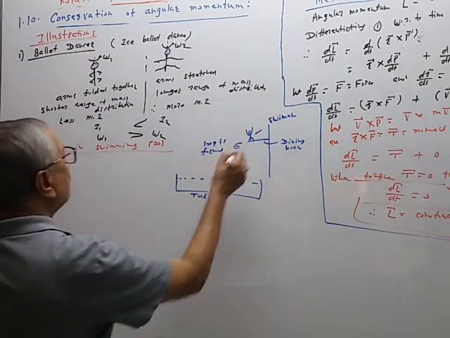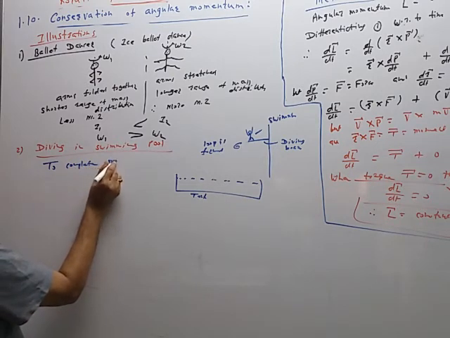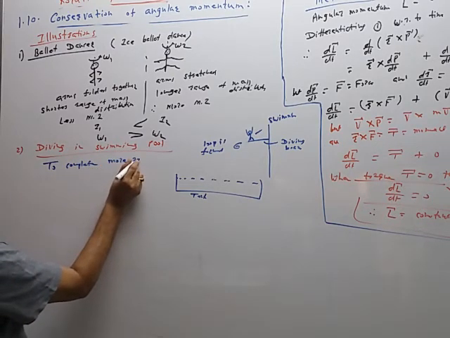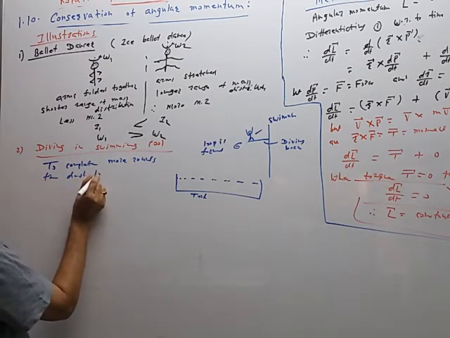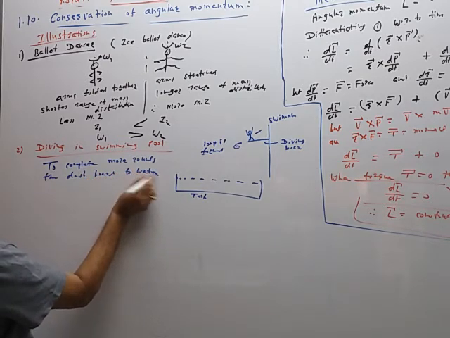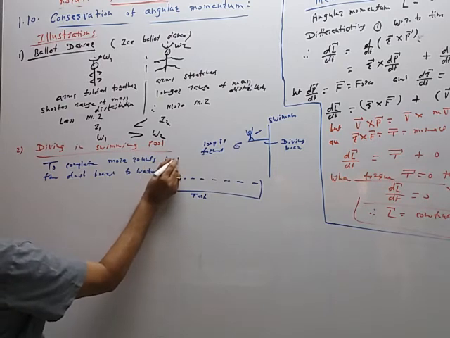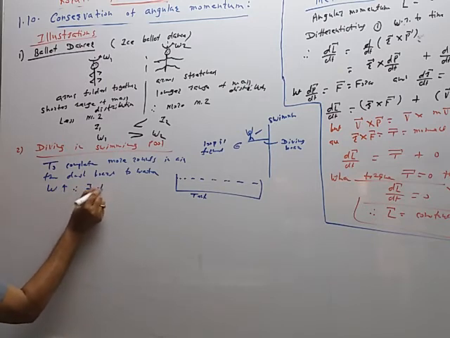So to complete more rounds in air from dashboard to water, omega should be increased, therefore I should be decreased.